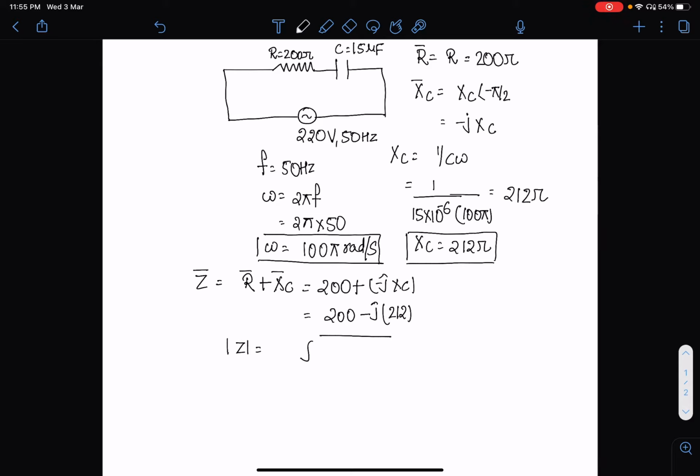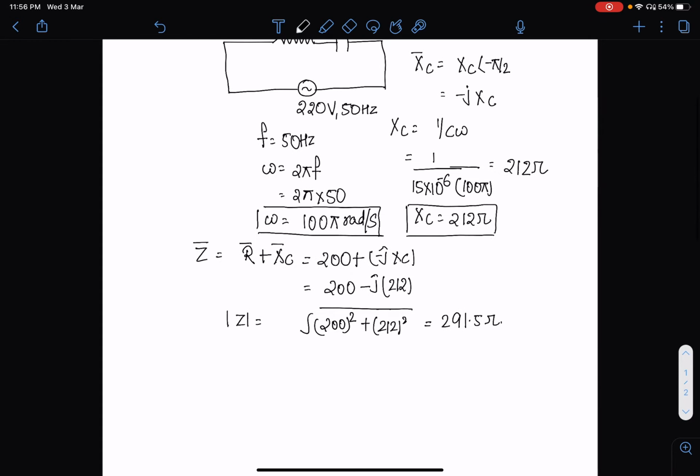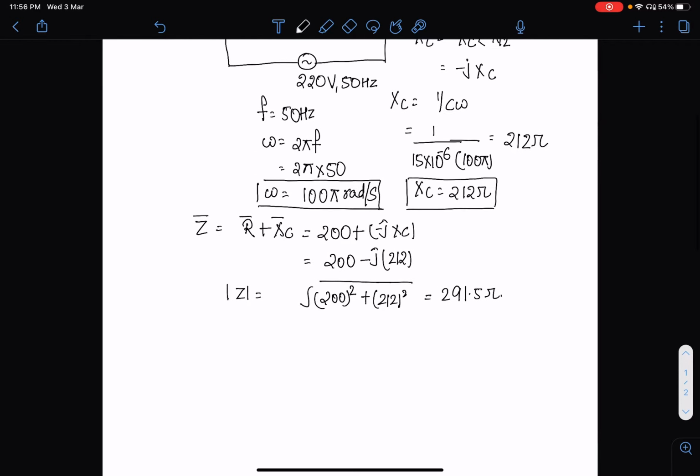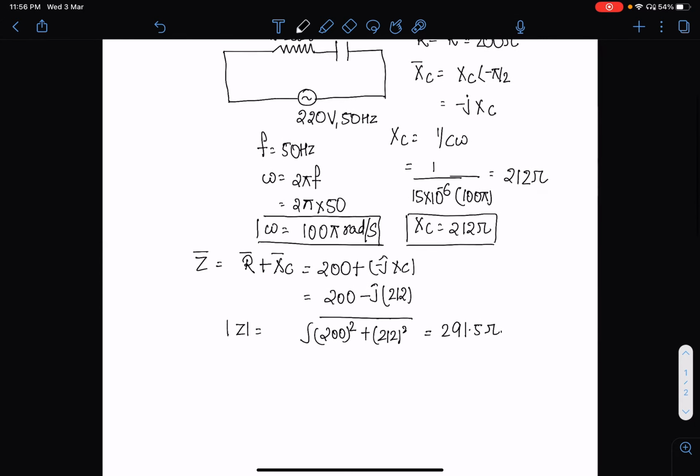If you calculate this, it will come out to be 291.5 ohm. So the impedance of the circuit is 291.5 ohm. Now we have to calculate the current. They have just asked for the current, that means we have to calculate basically the IRMS.